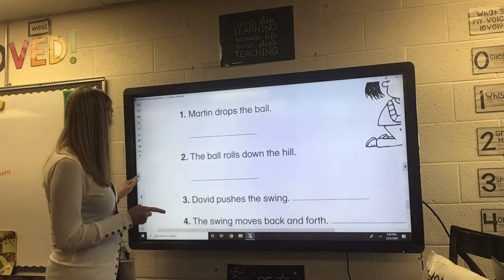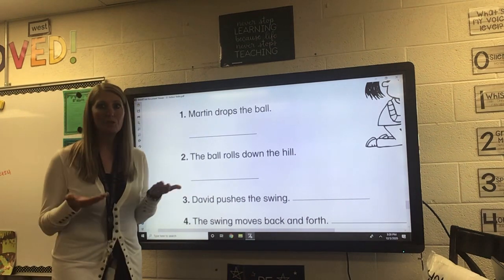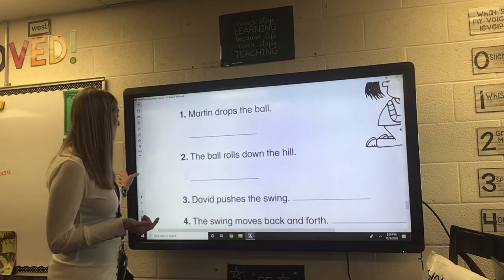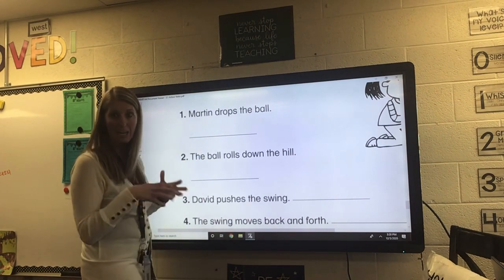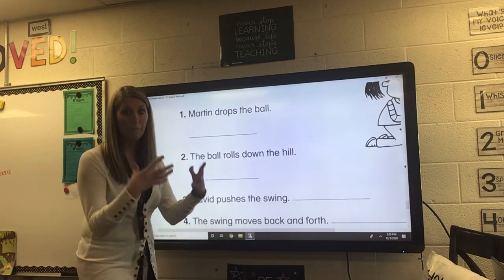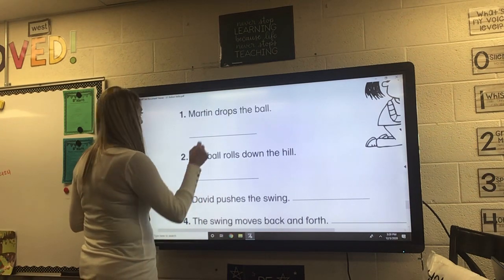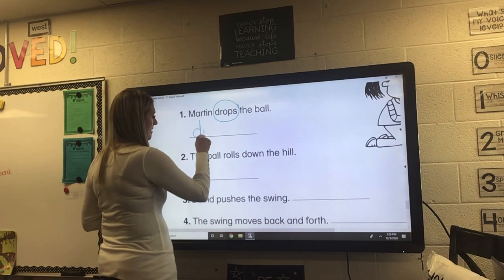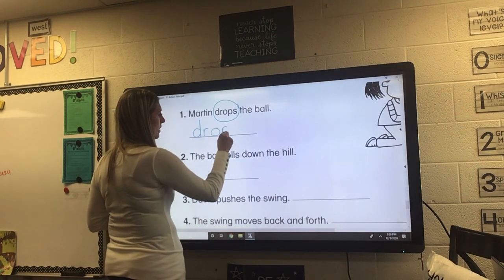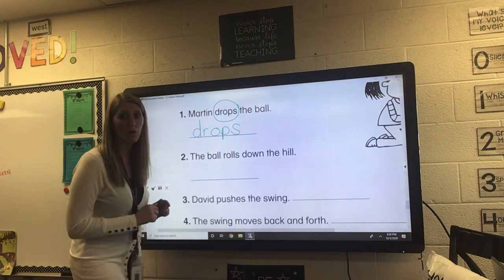So what is Martin doing? He's dropping the ball. So what we're going to do is we are going to circle drops, because that's our action verb. That's something you can do. You can drop the ball. We're gonna circle it, and then we're gonna write it on the line. So you have to do both. Circle the verb, write it on the line.